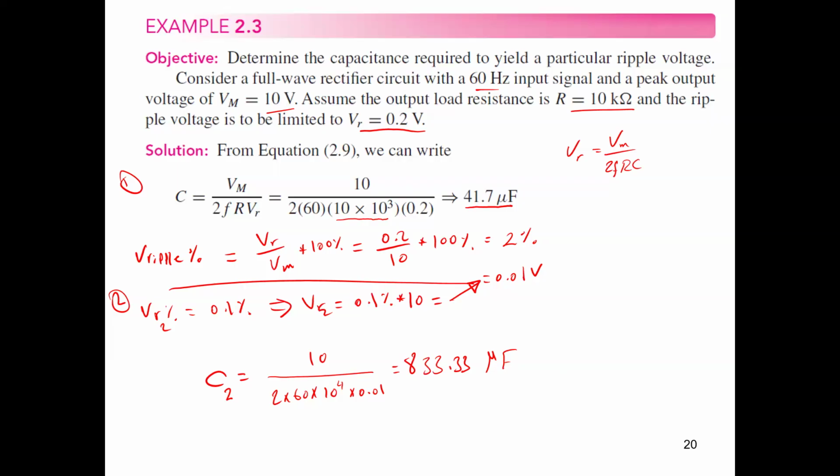So this is an example of how we can make sizing for our capacitor. Another part, guys. In this example, the load is defined here, so the resistance here is 10 kilo ohm. What if you have a rectifier connected to a load with unknown resistance?